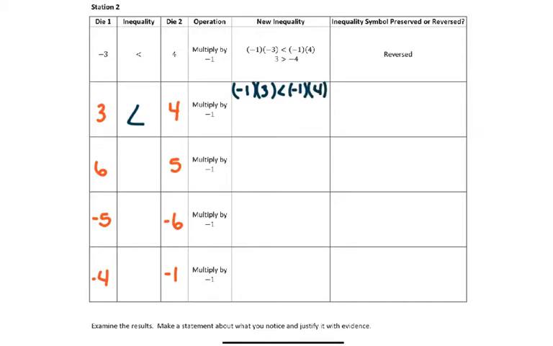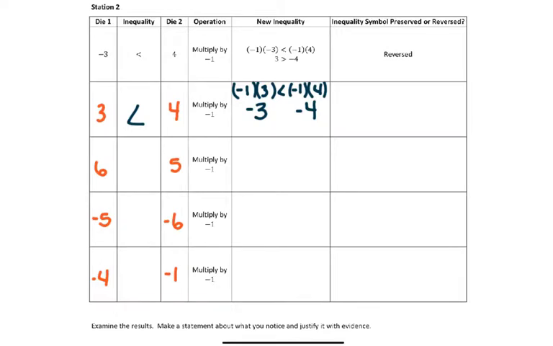Okay, so now I need to carry out these operations. So I know that -1 times 3 is -3. So I have -3 on the left side of my inequality. On the right side, -1 times 4 is -4. Now I have to ask myself, does my inequality symbol change or does it stay the same? If I'm looking at this and I see a -3 on the left side and -4 on the right side, I know that -3 is greater than -4.